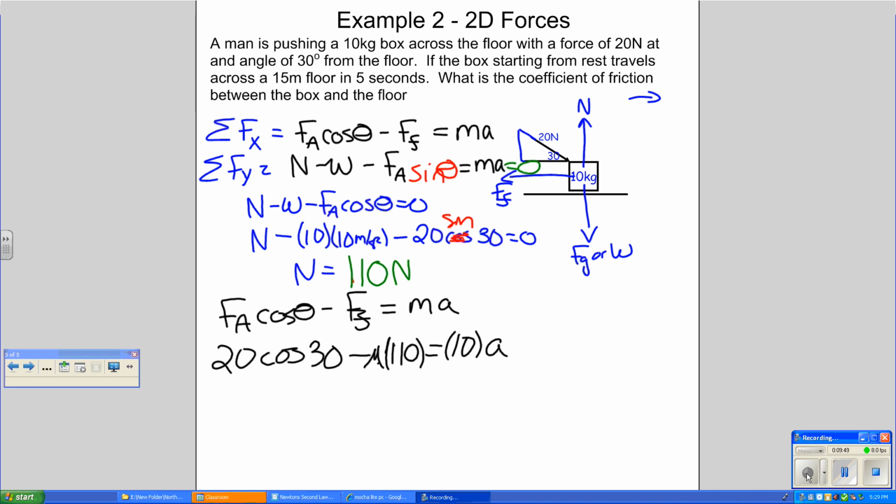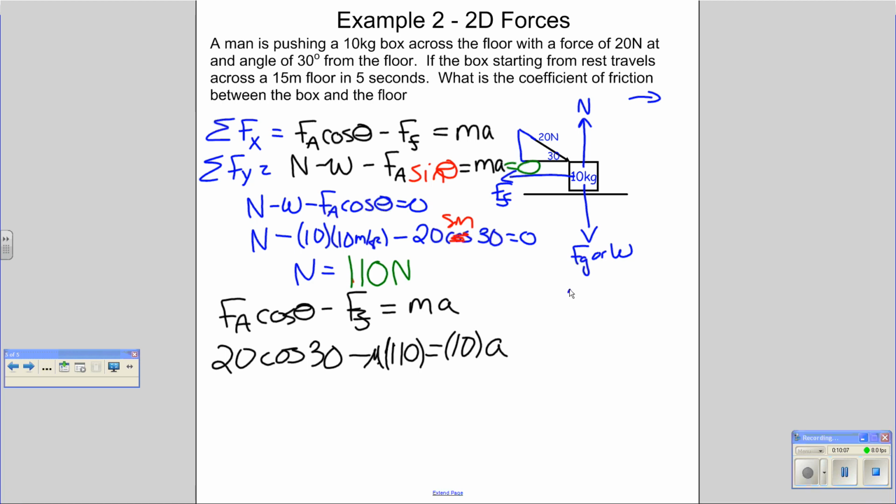So we currently have two unknowns. However, if we look at it, the box starts from rest, travels across a 15-meter floor in 5 seconds. That sounds a lot like the previous unit mechanics problem. Okay, so 6 variables, x naught, x, v naught, v, a, t. We're solving for a because that's what we need.